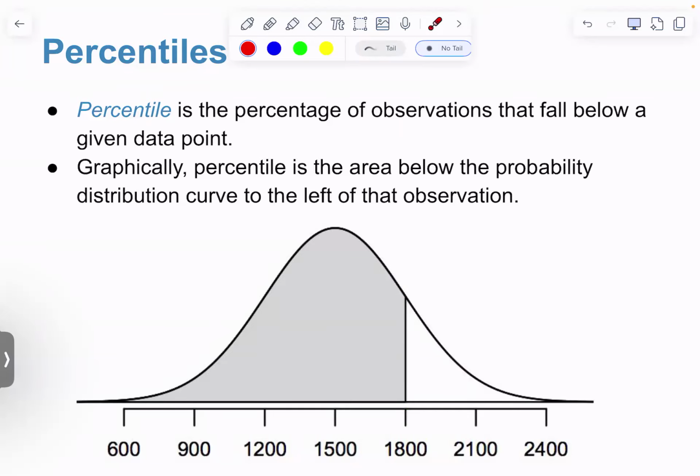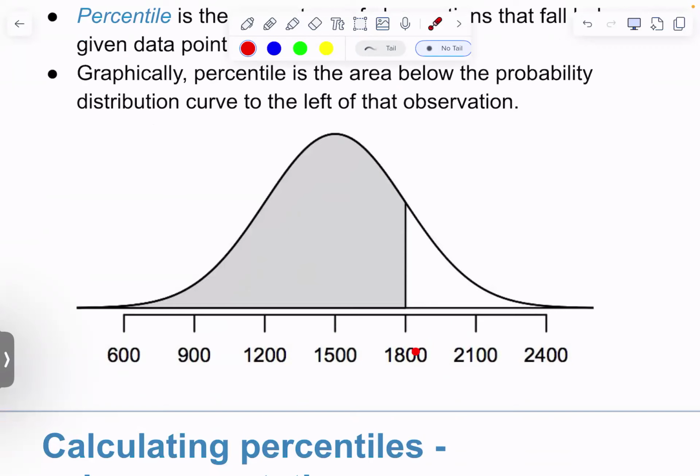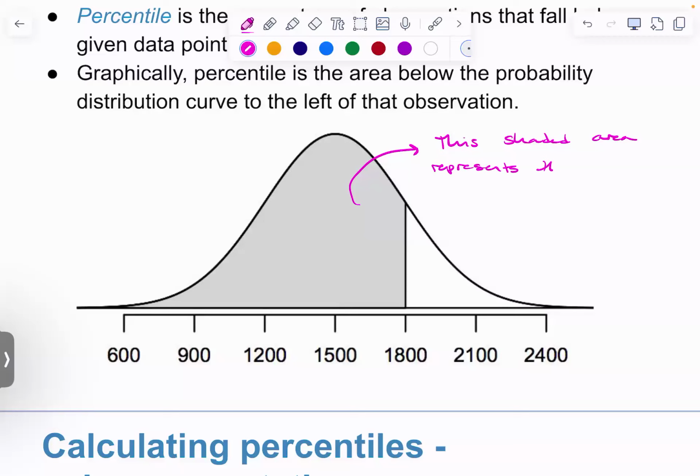If we're thinking about, this looks like Pam's SAT scores, she would be scoring at some percentile. Here, this shaded area represents the percentile Pam scored at.